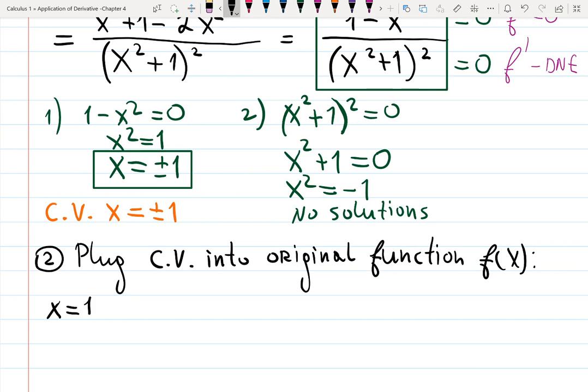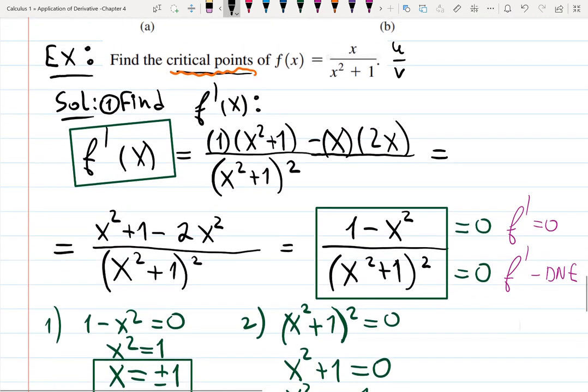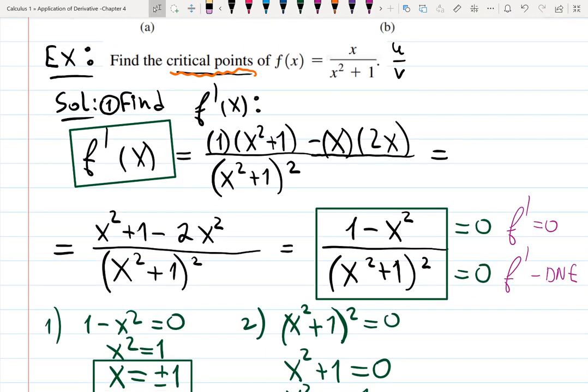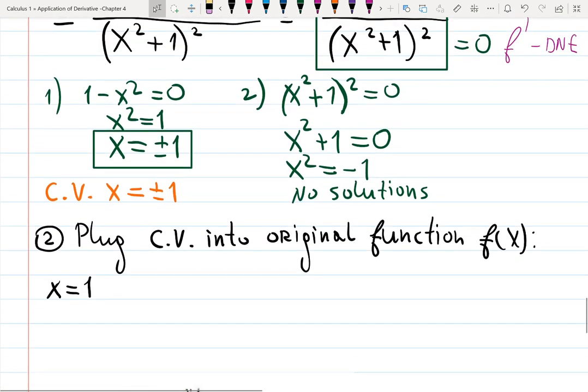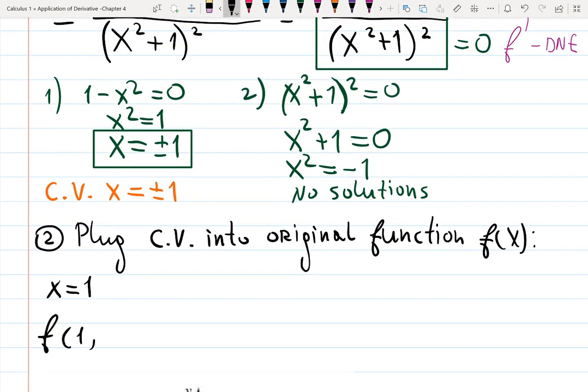When x is 1, do you remember the function? The function is x over x squared plus 1. If you don't remember, let's write it down. F of x is x over x squared plus 1. F of 1 will be 1 over 1 plus 1, which is 1/2.